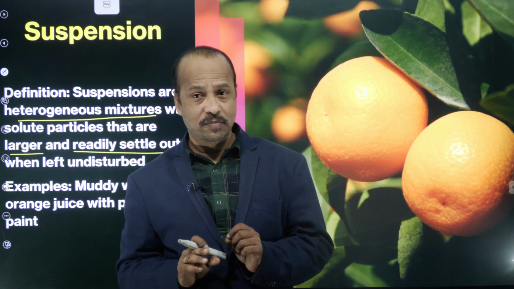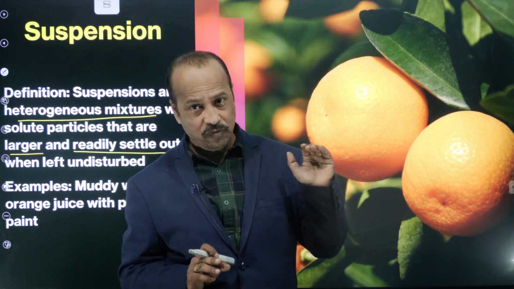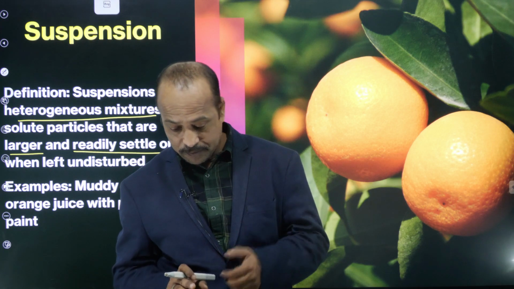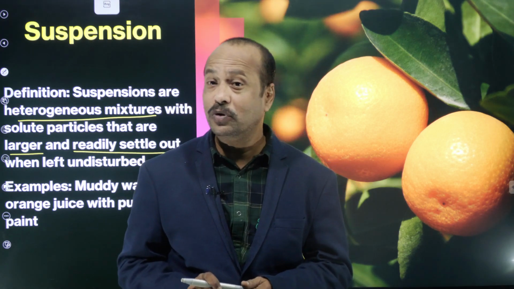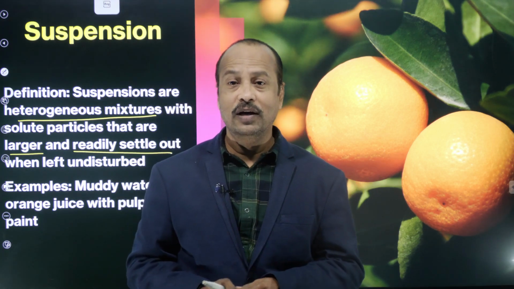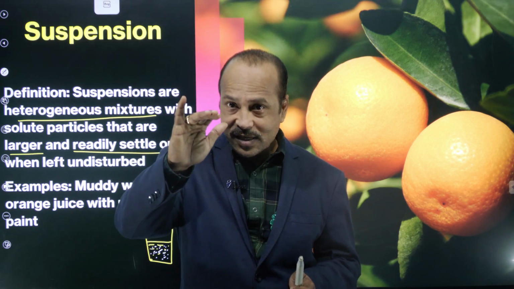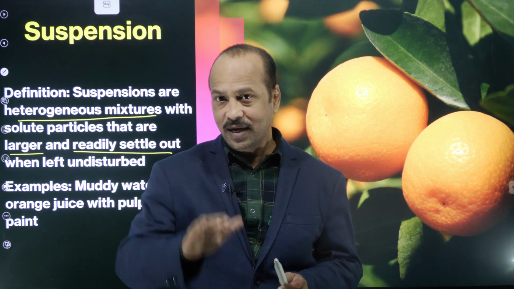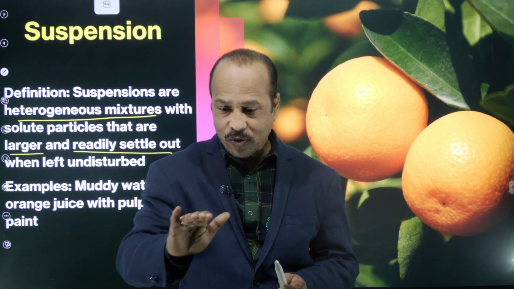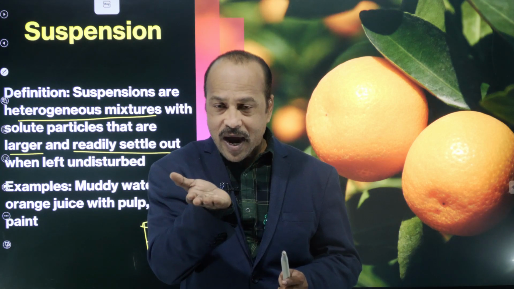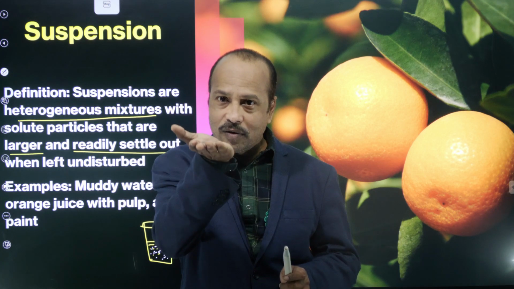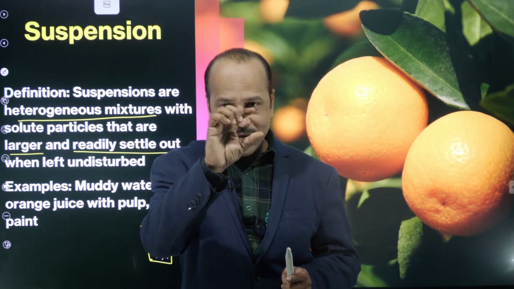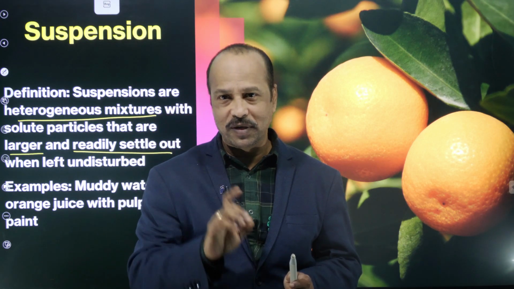And after 30 minutes, what will you observe? Very good. You observe that all the chalk particles are settled down. All the chalk particles come down and settle at the bottom, and the water comes to the upper layer. Now the water becomes transparent.